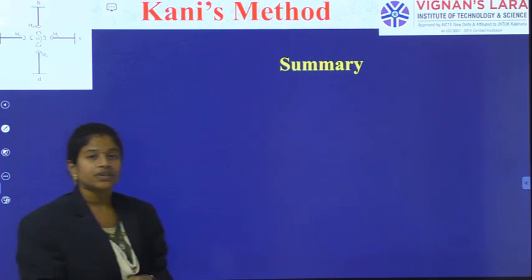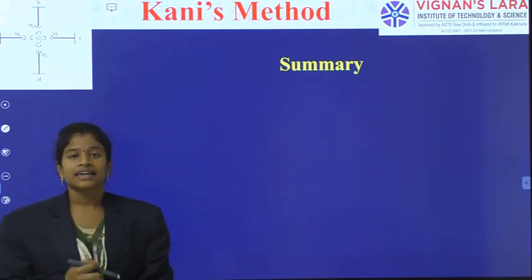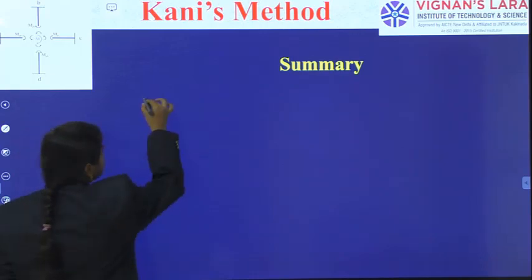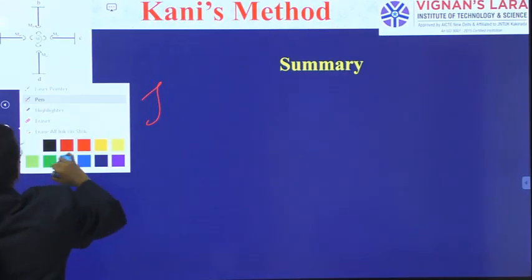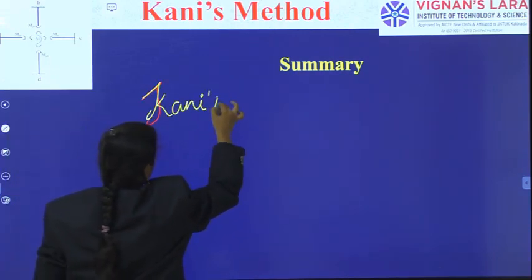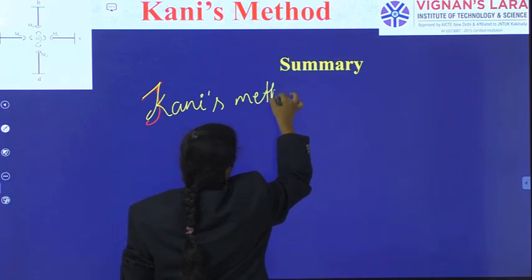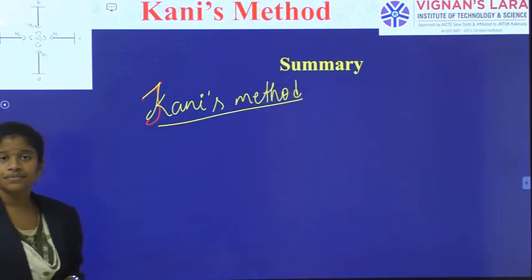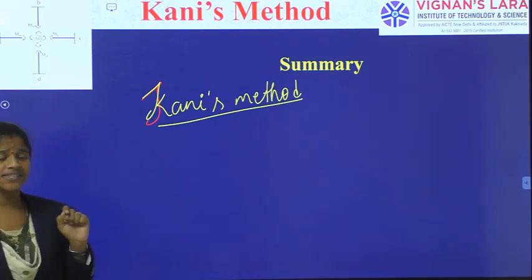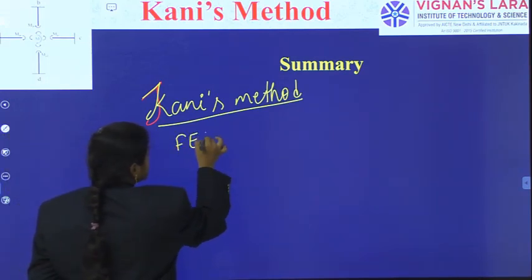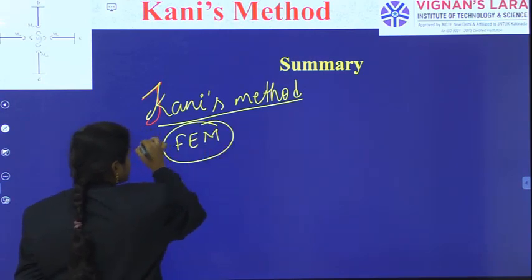And finally, in this way, we are completing the calculation of the actual support moments using Kani's method. So, this Kani's method is delivering something to us. So, firstly, what is it delivering? Fixed end moment calculation, step 1.